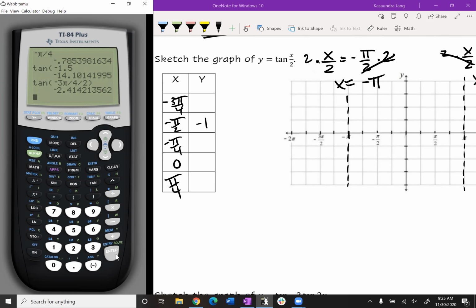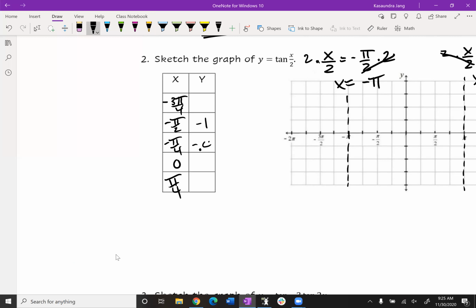Oh, okay. And then Shara, did you do the negative pi fourths? What'd you get? Negative 0.414, which it looks like, Ryan, you got with your positive pi fourths, a positive 0.414.